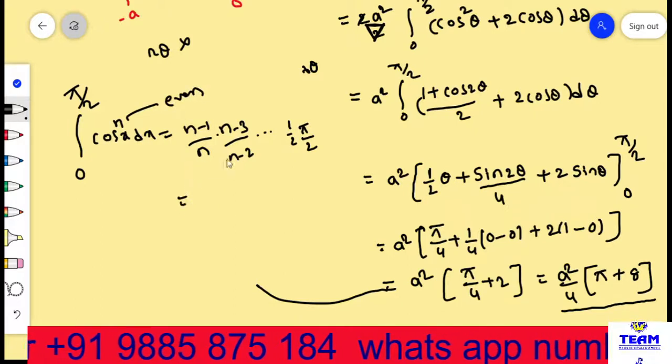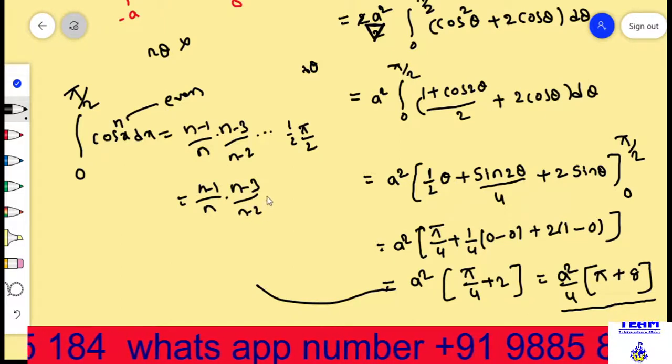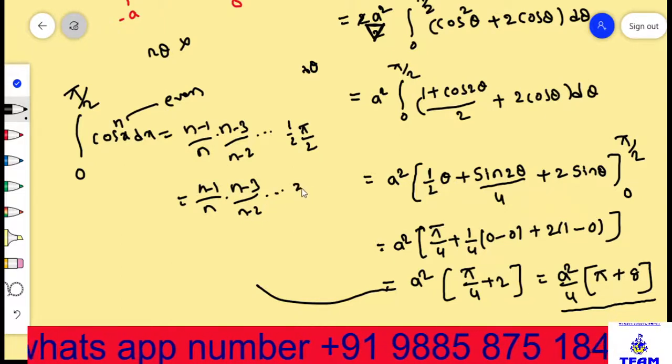If it is odd, it is as it is, n minus 1 by n into n minus 3 by n minus 2, but in the last case you will have 2 by 3, that's it.